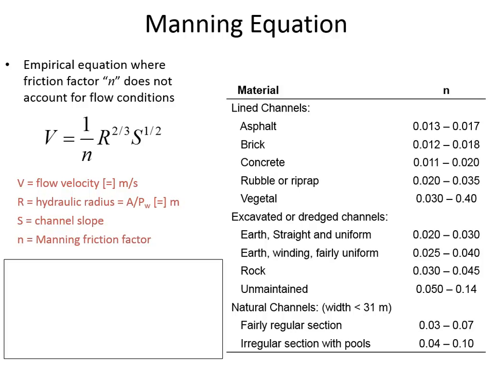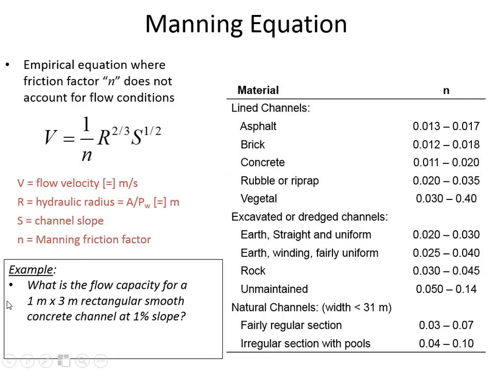The Manning's N value on the low end is smooth surface. And so if an example says, for example, smooth concrete channel, then you'd use the low end of the concrete. And an N value of 0.011 would be very optimistic.